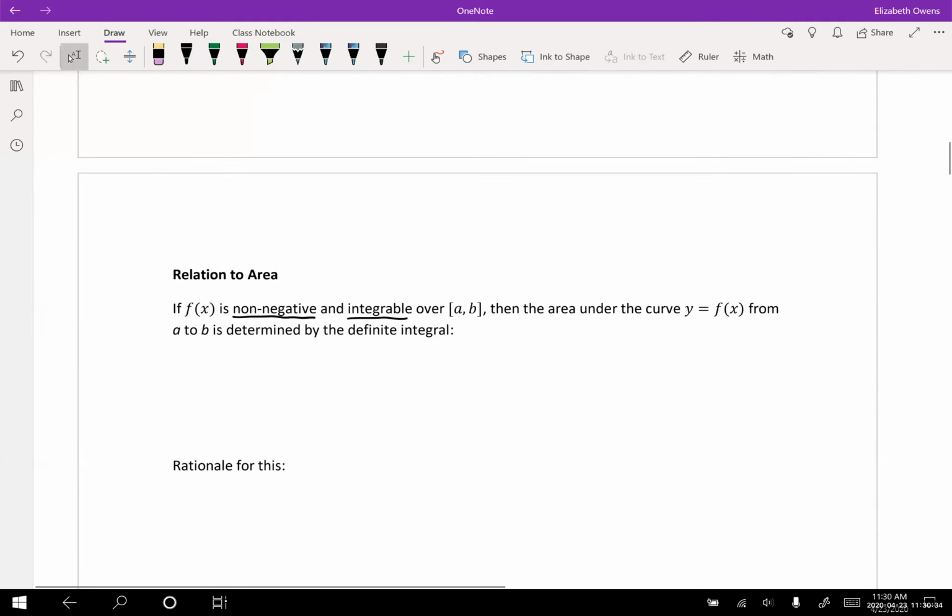So we would write that as saying that the area actually equals the result that we get from doing a definite integral. So a to b f of x dx.